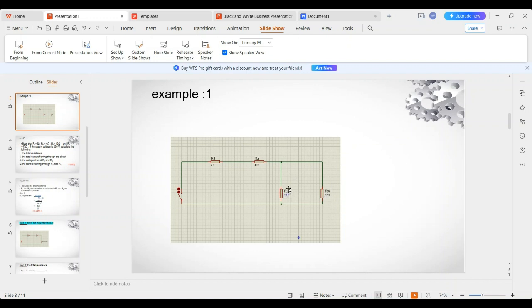We can see clearly that R3 and R4 are connected in parallel. And from our NB, we know that the current flowing through resistors connected in parallel is assumed to be different for each and every component, but the voltage is assumed to be the same.